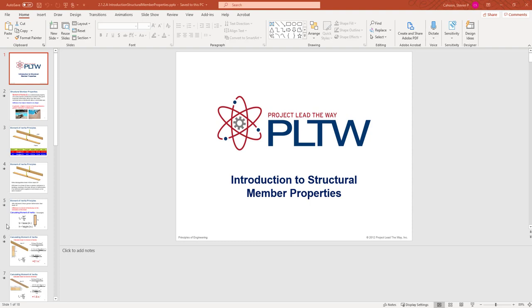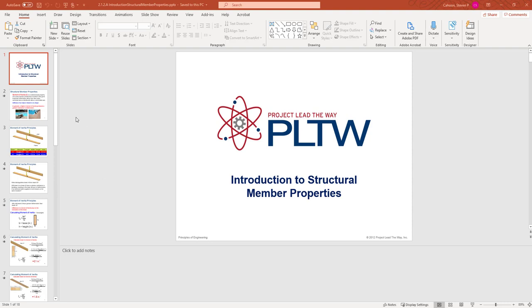So I have this PowerPoint format and a PDF version of this PowerPoint saved under Modules, Unit 2.1 on Canvas. If you go to Modules on Canvas under Unit 2.1, you can either open the PowerPoint version, which is the best way to open it, or the PDF version if you do not have Microsoft at home.